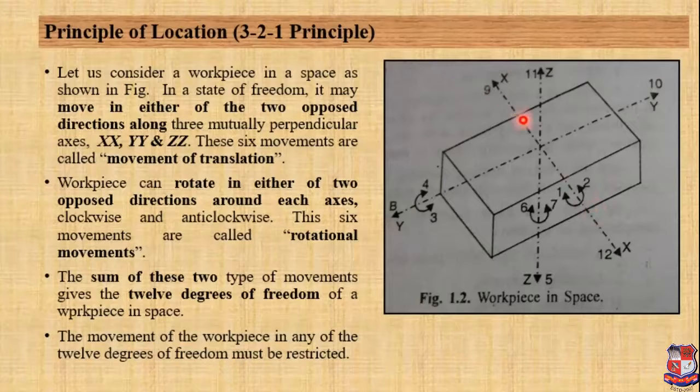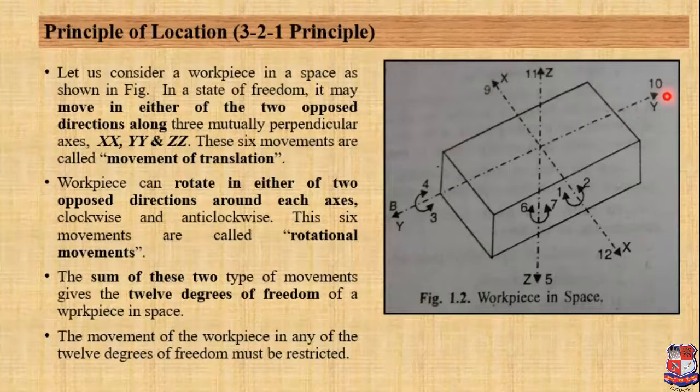So along the x-axis, the workpiece can translate in either direction. Here the movement numbers are given. This movement is given number 9, and the opposite side movement is given number 12. Similarly, if you consider the y-axis, the workpiece can translate along this axis from both sides, left as well as right.